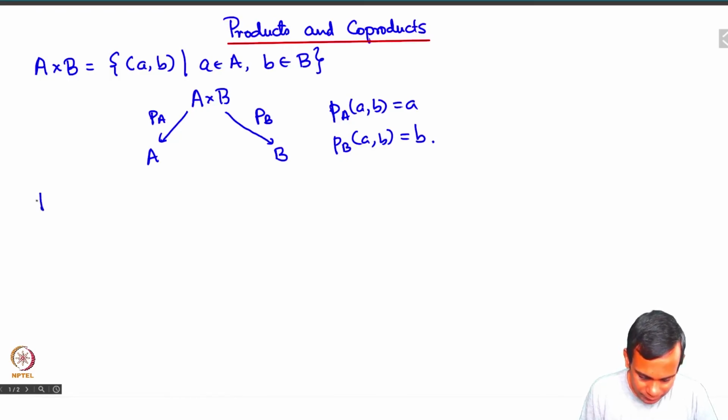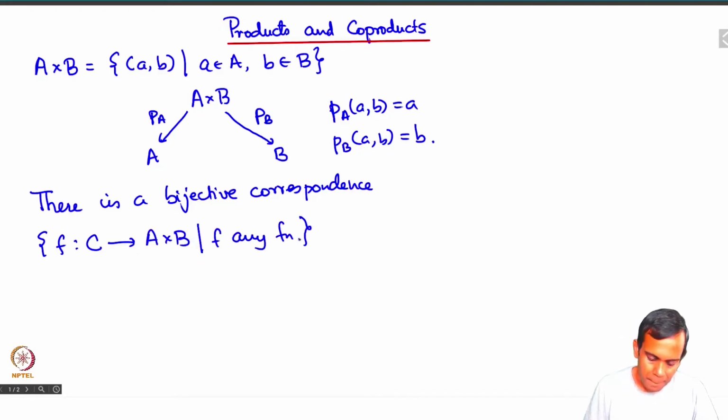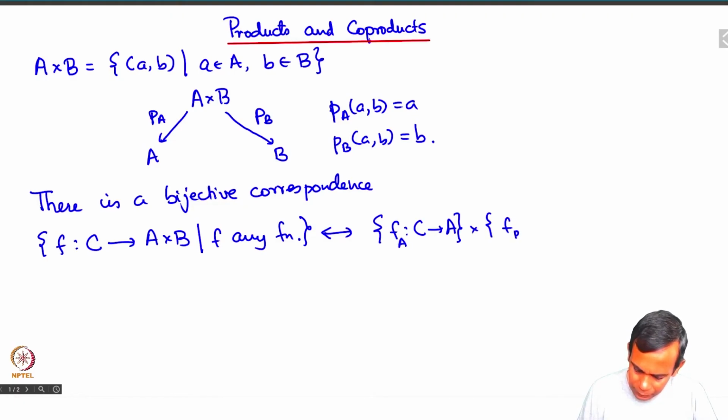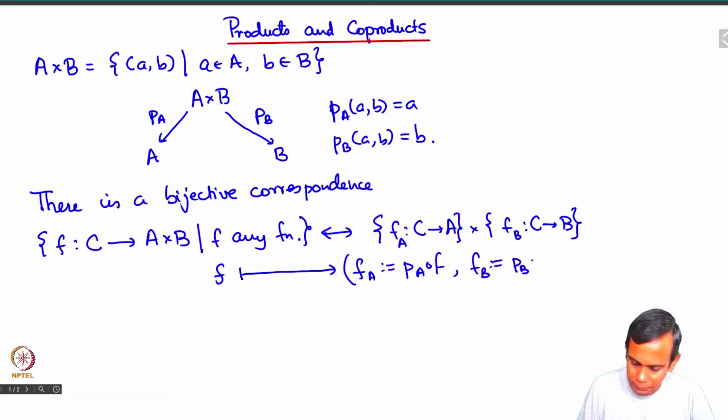There's a bijective correspondence between the set of all functions from C to A cross B and the product of sets of functions from C to A and from C to B, which I'll call f subscript A, f subscript B. Namely, given any function f from C to A cross B, I can map it to f sub A, which is defined to be P subscript A circle f, and f sub B, which is defined to be P subscript B circle f.